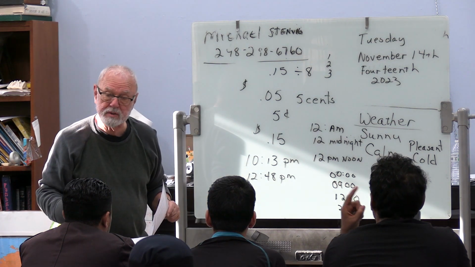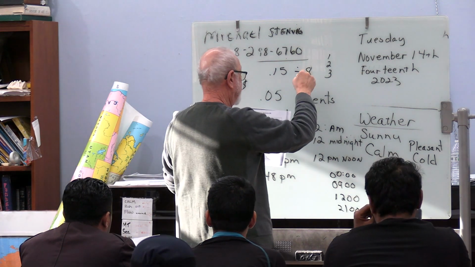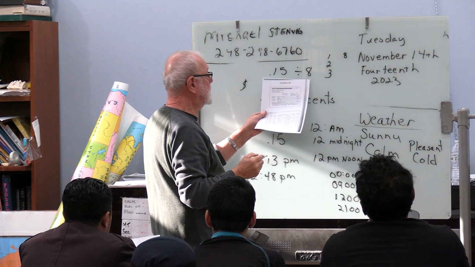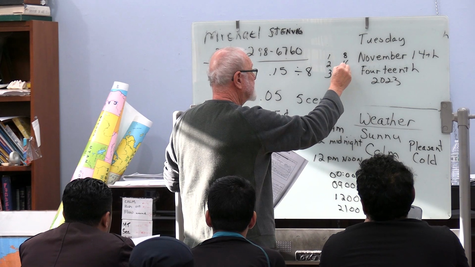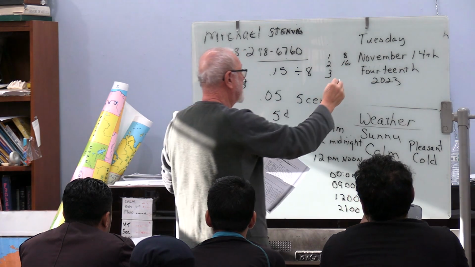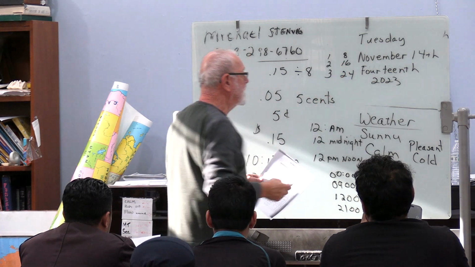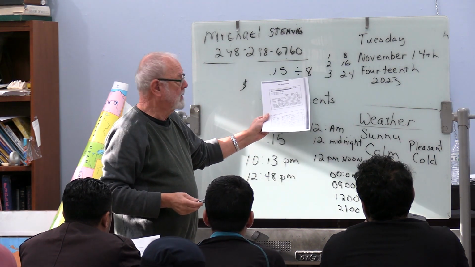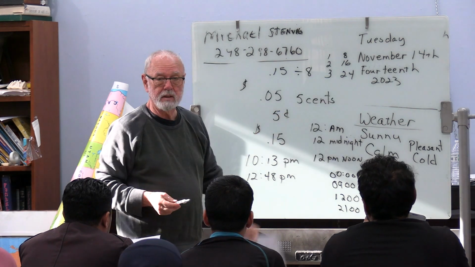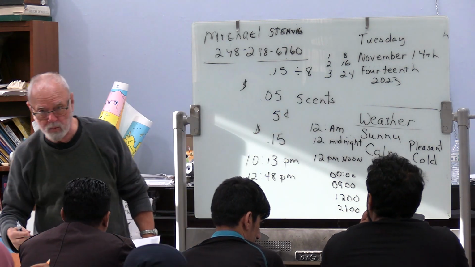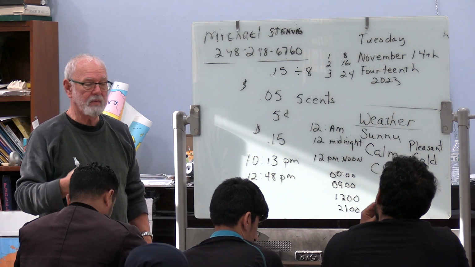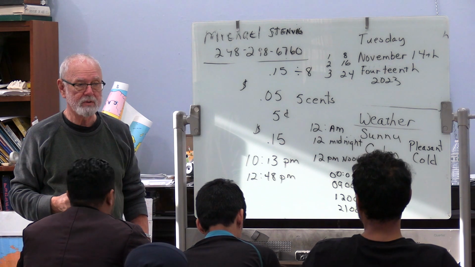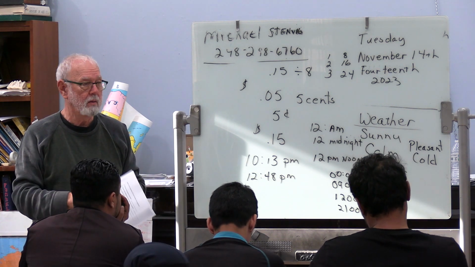Which one is closest? 1 cent would be 8 cents. 2 cents would be 16. 3 cents would be 24. The closest is 16. So when it says about, we pick the number that's closest. 2 cents. That's fine.